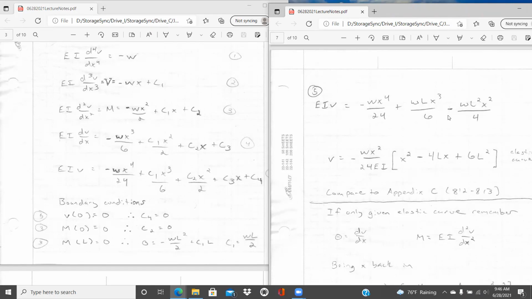And then plus C2, which was a minus WL squared over 2. And so that becomes minus WL squared times X squared over 2. When you have the 2 times 2 will give you 4 on the denominator there.